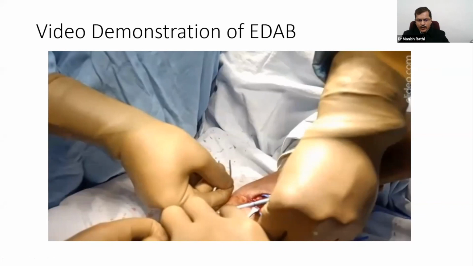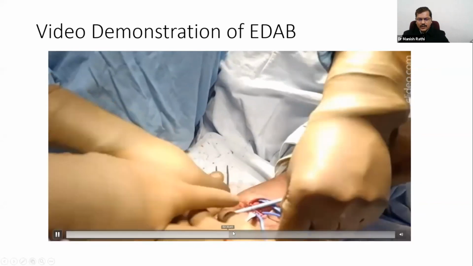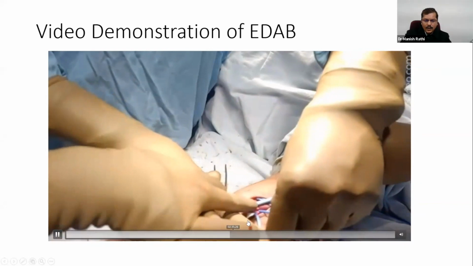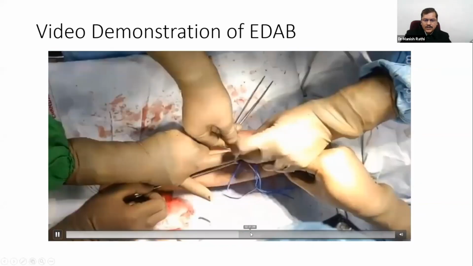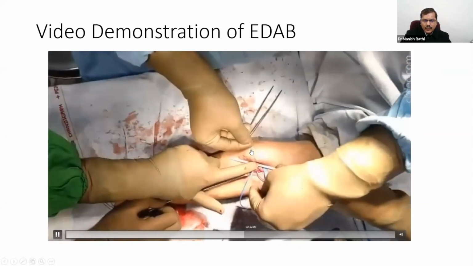And once you have removed your dilator, after putting these 2 knots, then you can put a further 3 to 4 knots over it. So take a few seconds to look into this.